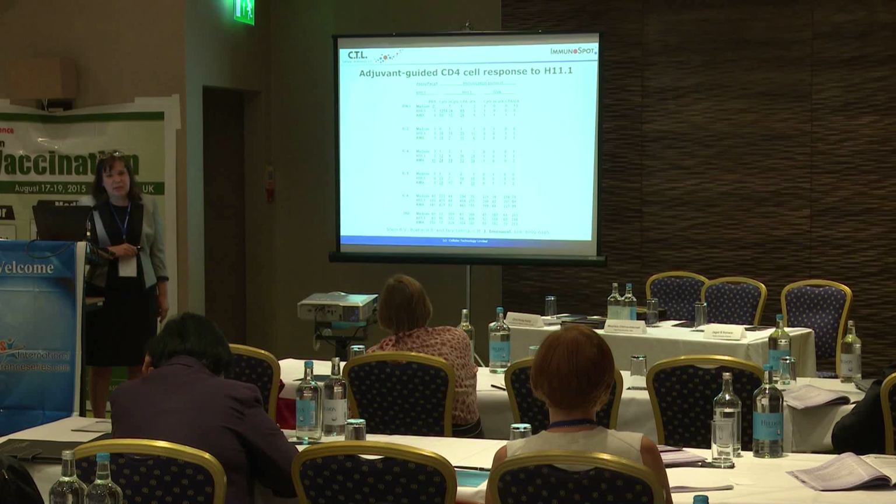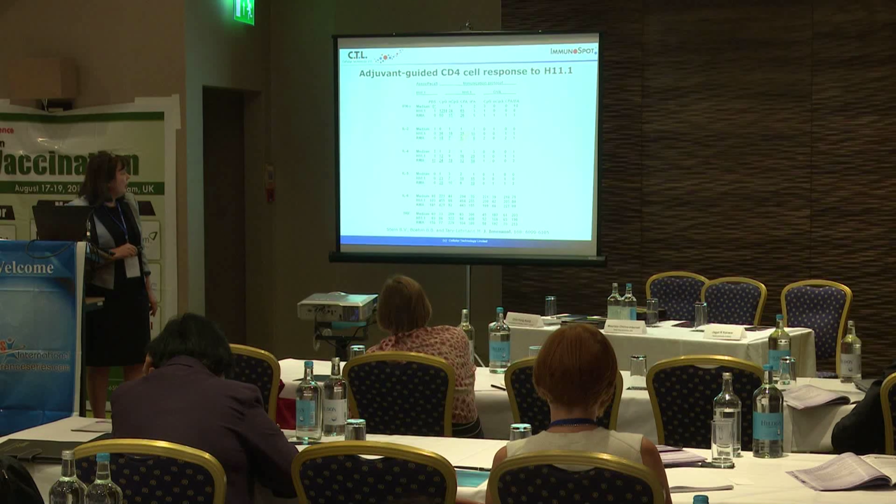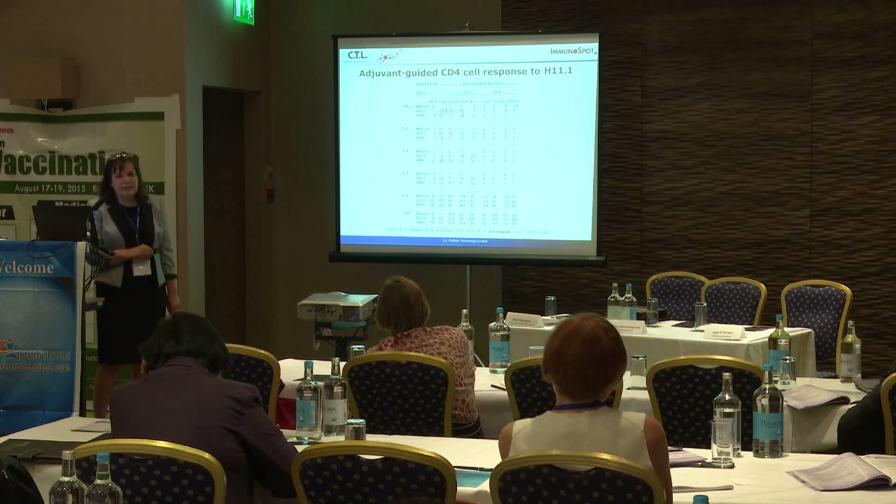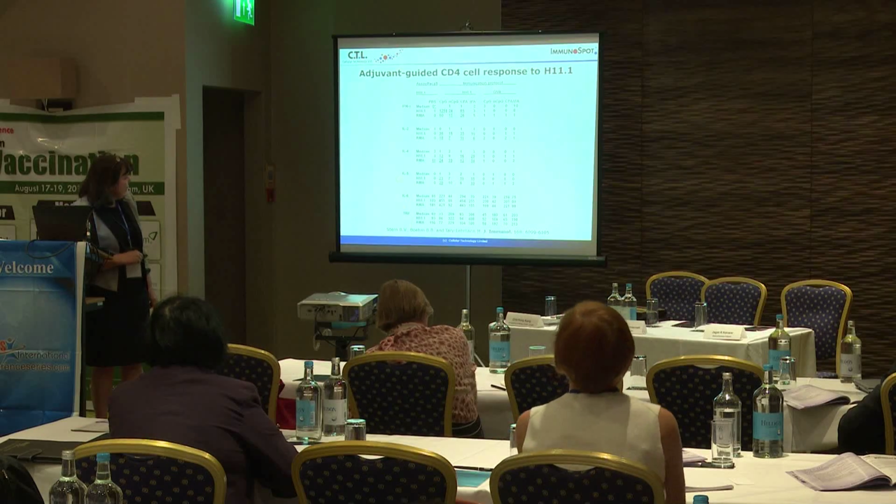Non-CpG, the response as a control was lower, but still there, and CFA induced a good interferon gamma response as well, IFA, nothing. However, IL-2 was induced by all of them, IL-4 dominated by IFA, and IL-5 dominated by IFA and CpG. IL-6, that was an interesting cytokine. IL-6 and TNF.